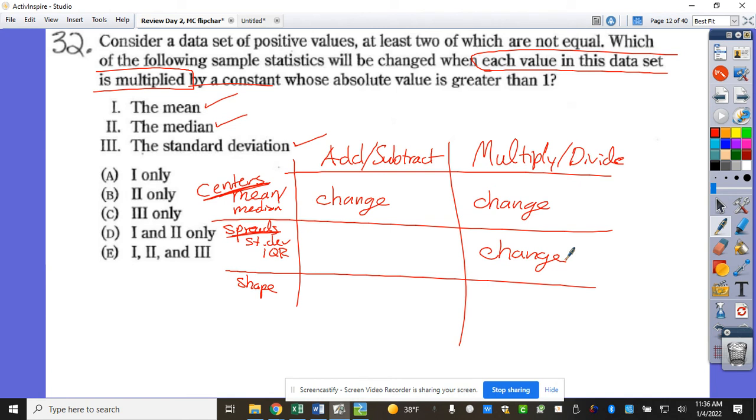If I take some blob and shift it, does that blob change? Does the width of that blob change? So this is the one that's your big difference here. Your spreads are the ones that are not affected when it is adding and subtracting. What happens to shape when I add or subtract? What happens to shape when I multiply or divide?